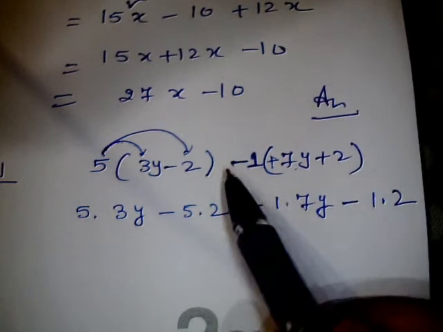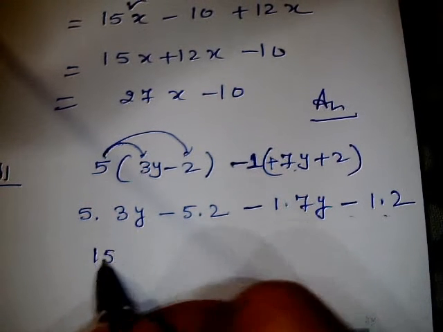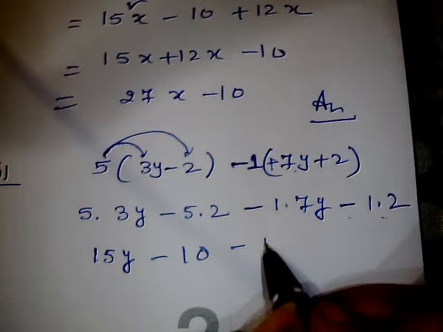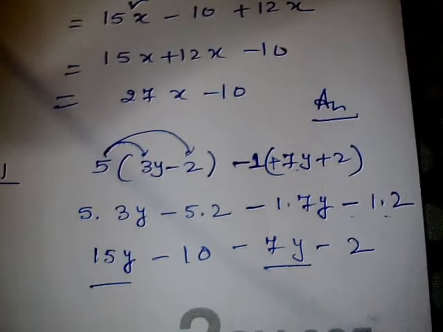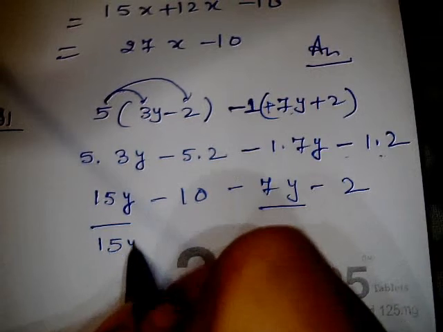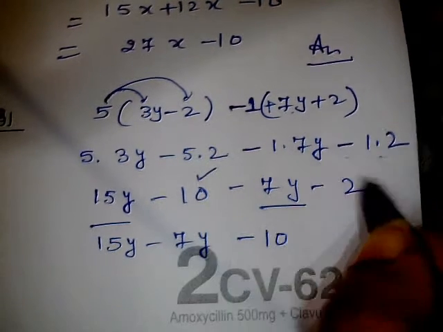Okay, now 5 times 3 is going to be 15y. 5 times 2 is 10, 1 times 7 is 7y, 1 times 2 is 2. Now this and this are like terms, so we will club them together and write them nearby. Okay, and these are like terms, so this also I can write together.